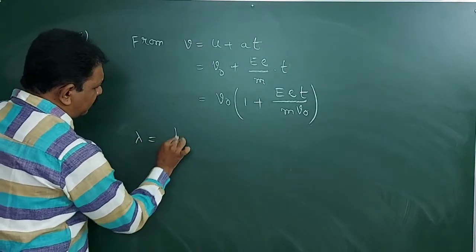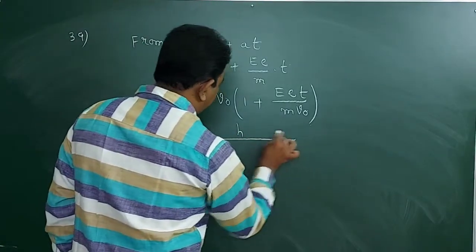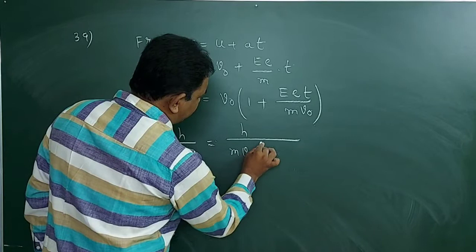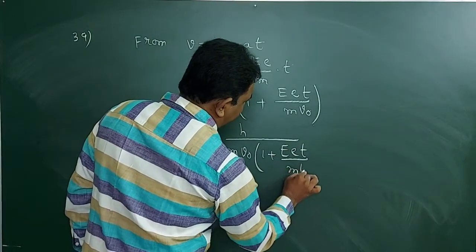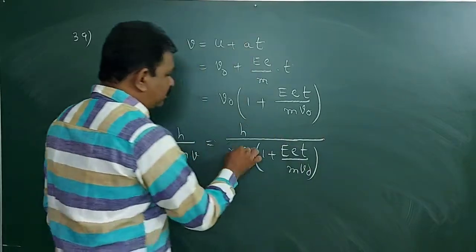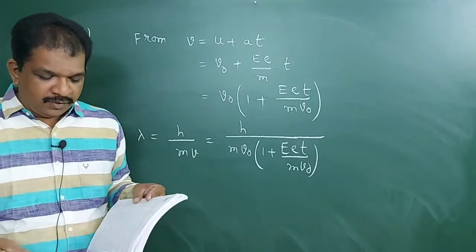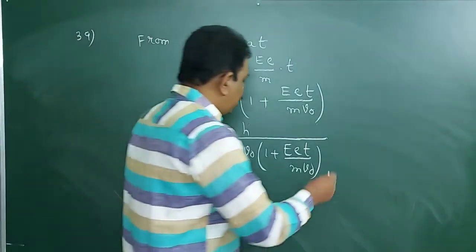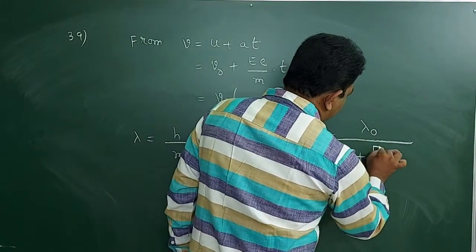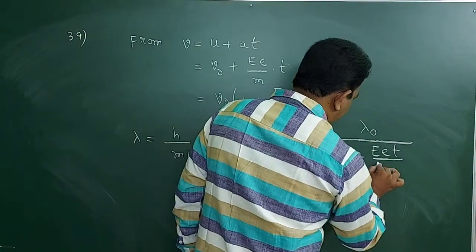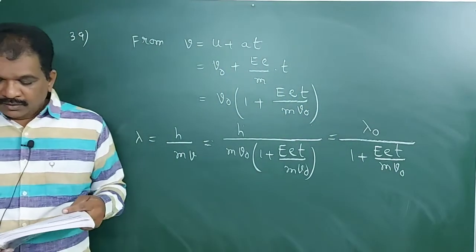Lambda is equal to h by mv, which is h by m v naught into 1 plus eEt by m v naught. h by m v naught is lambda naught, the initial de Broglie wavelength. So lambda naught by 1 plus eEt by m v naught.